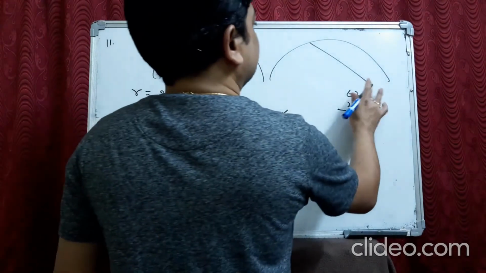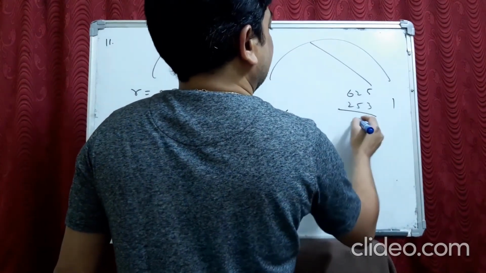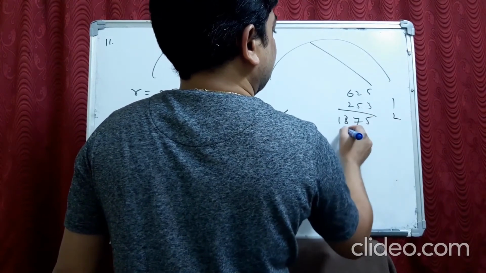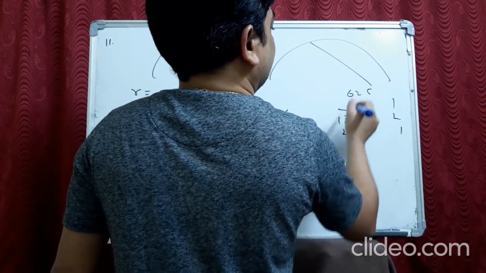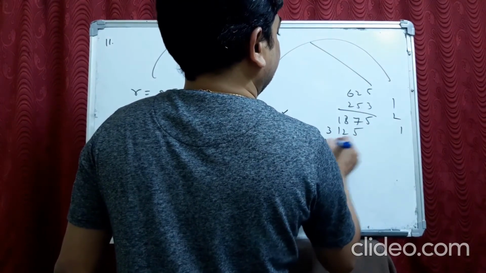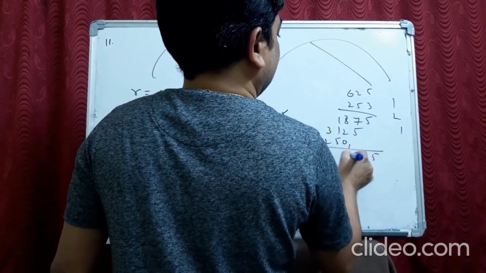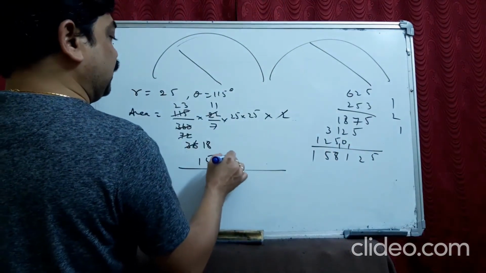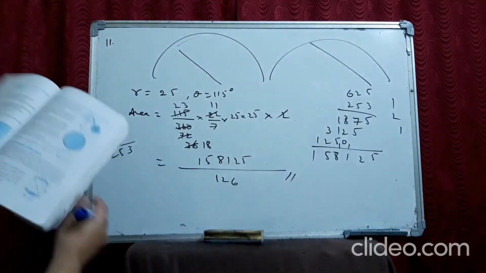Let us multiply this. 3 5s are 15, 3 2s are 6 plus 1 is 7, 3 6s are 18. 5 5s are 25, 5 2s are 10 plus 2 is 12, 5 6s are 30, 31, this is 12 50. You can leave it like that.